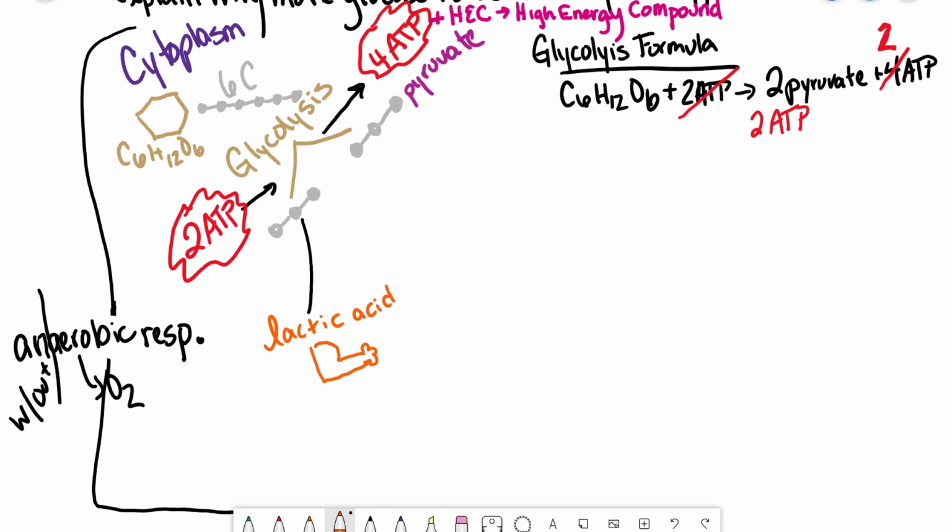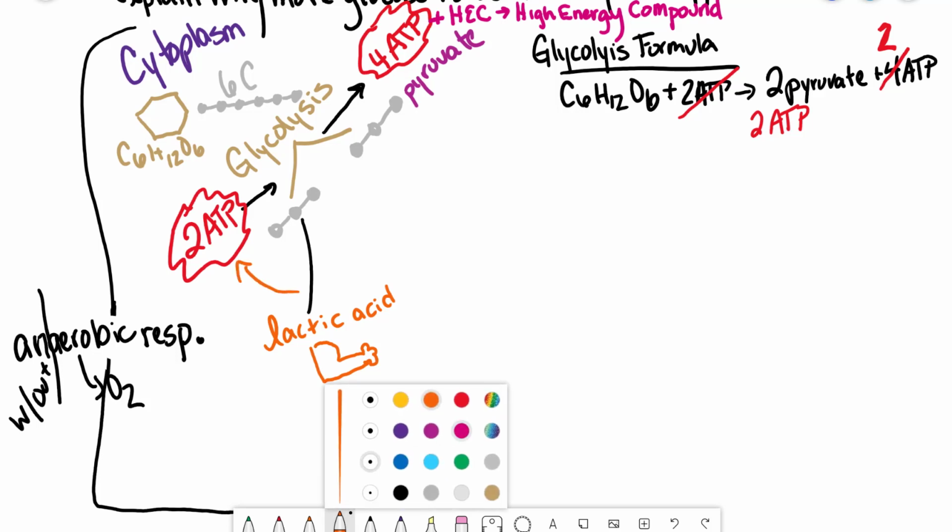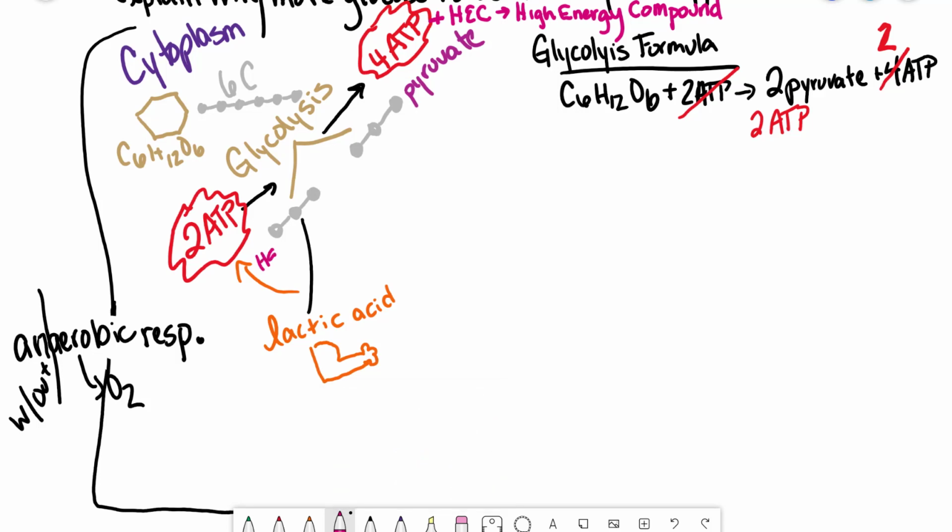When that happens, this conversion from pyruvate to lactic acid, some of these high energy compounds are released out, and that gives the process the energy it needs to break up more sugar into pyruvate. Also in that process, we're going to make 2 ATP.